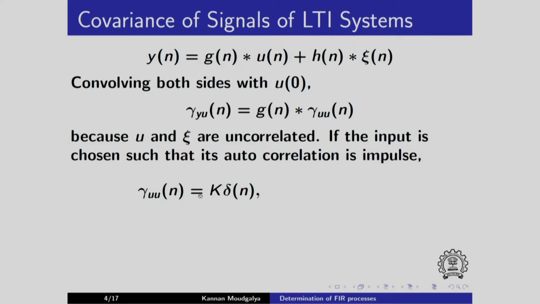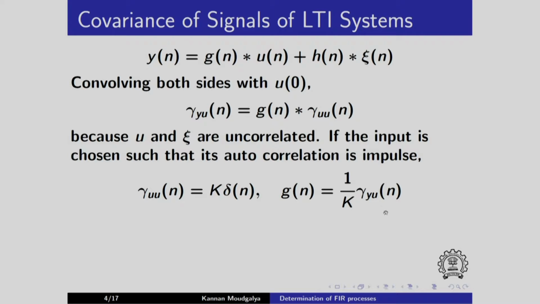How do you do that? You can just substitute here, and so when you substitute convolved with impulse, you will just get k here, it becomes k into Gn, and using that you can calculate Gn to be 1 by k times this gamma Yu, which is the expression obtained here. So this comes just from the definition of what an impulse is.